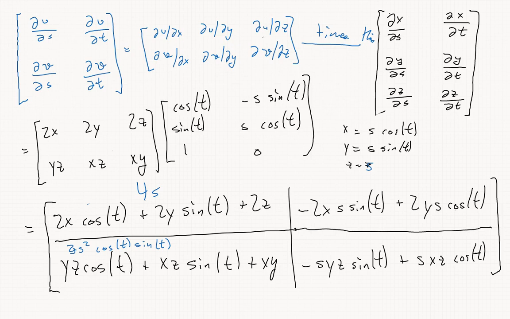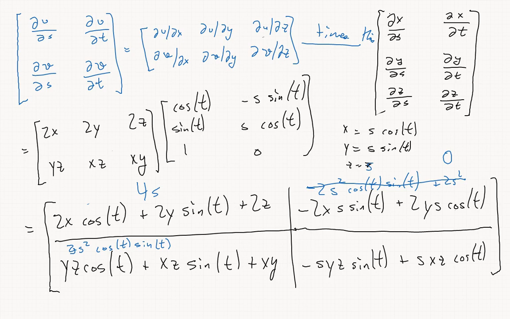And then negative 2x s, so this will become negative 2s squared cos t sine t, but then plus 2s squared. So I guess this will actually become 0. And then negative s yz sine t.